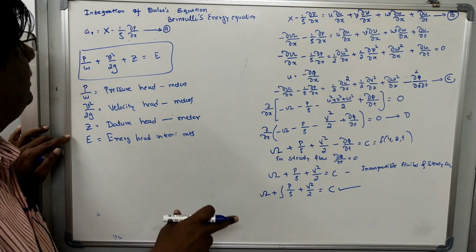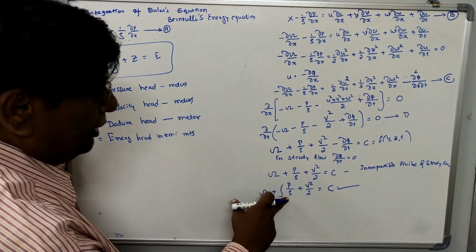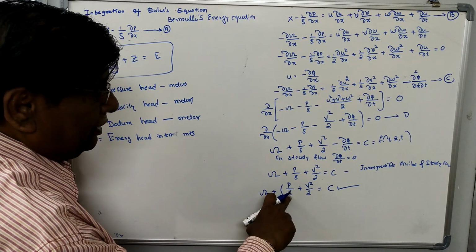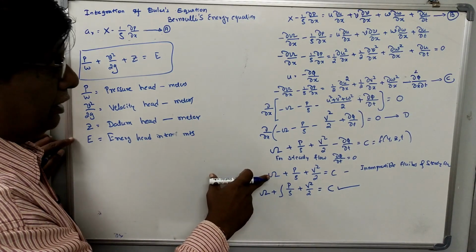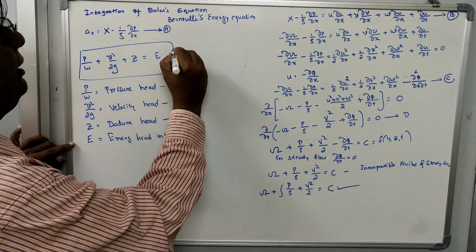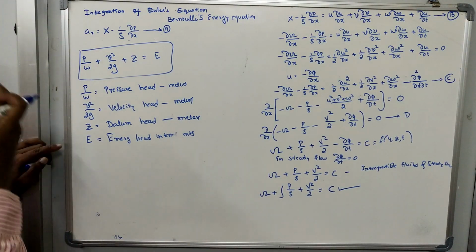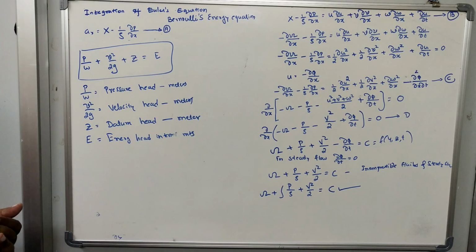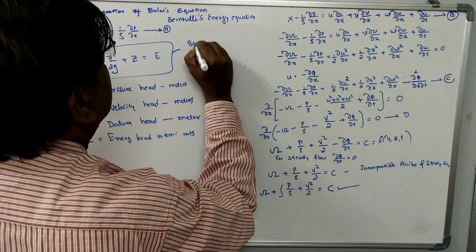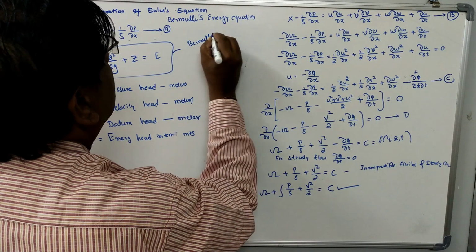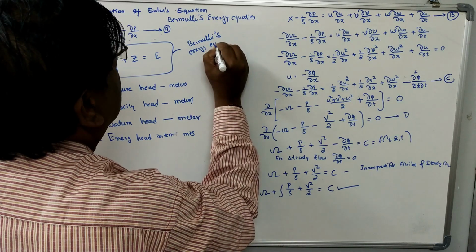Considering incompressible fluid, rho is constant and can be taken outside the integral sign. So we got this final equation, p by w plus v square by 2g plus z. This is called Bernoulli's energy equation.